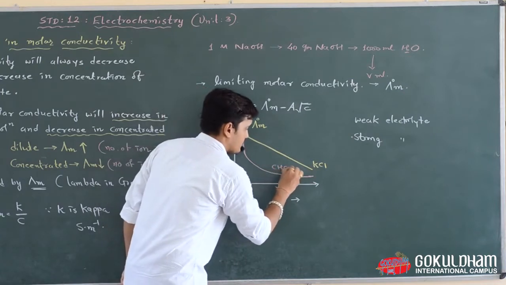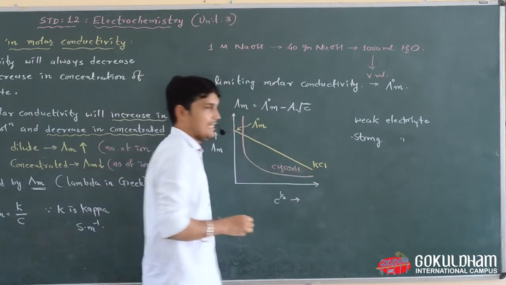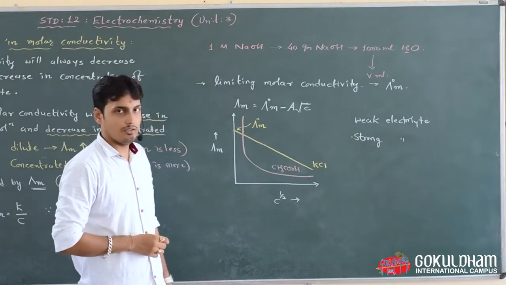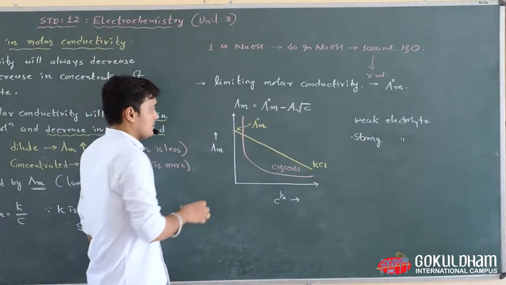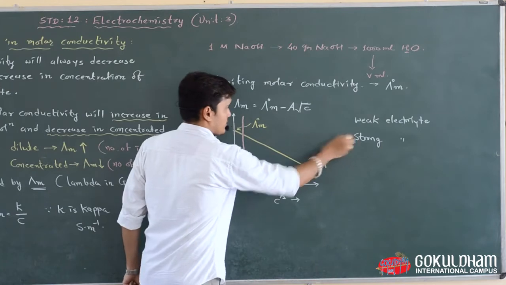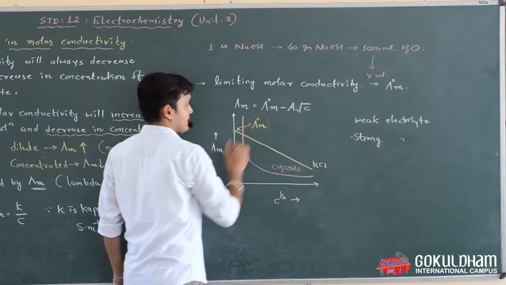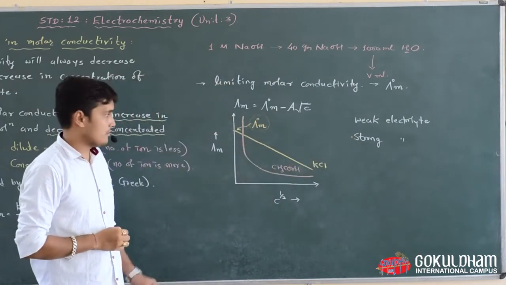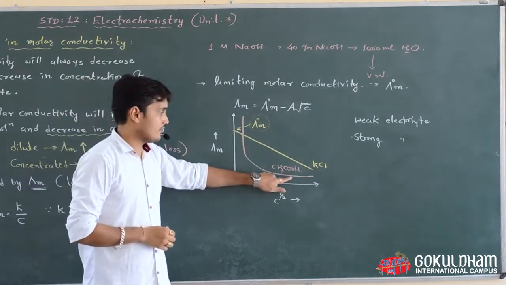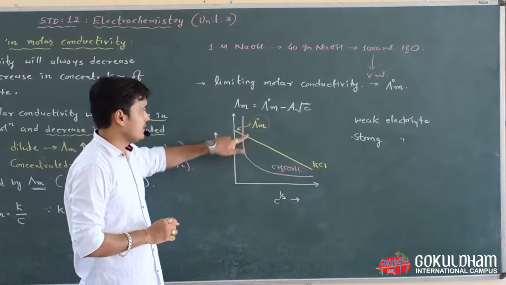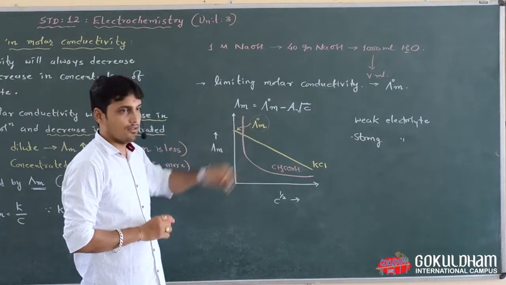This graph is of acetic acid, CH3COOH. In strong electrolyte you get directly the value of lambda 0 m, but in a weak electrolyte you don't get the lambda 0 m value.